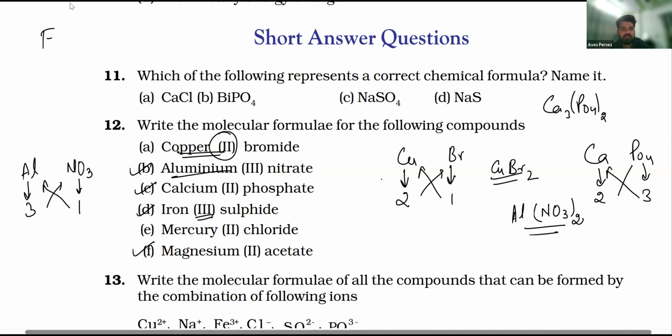When iron has 2 and sulfide also has 2, they cross multiply and give you FeS. But here iron is using its 3 valency. Then what should be the formula? Tell me what should be its formula.